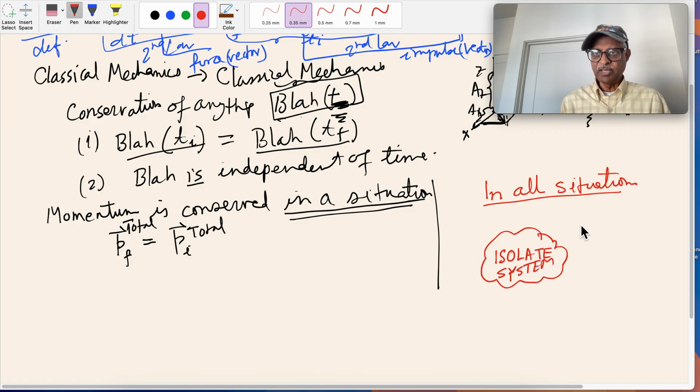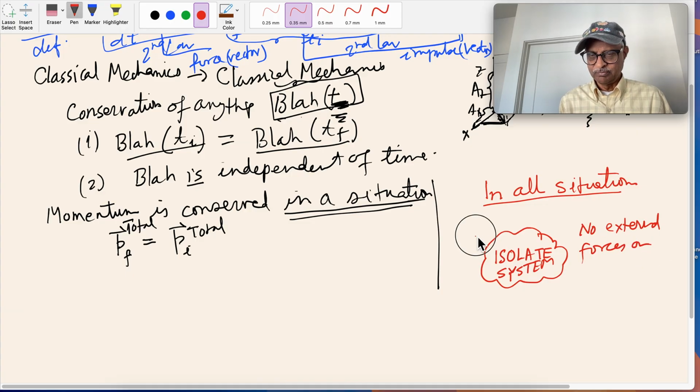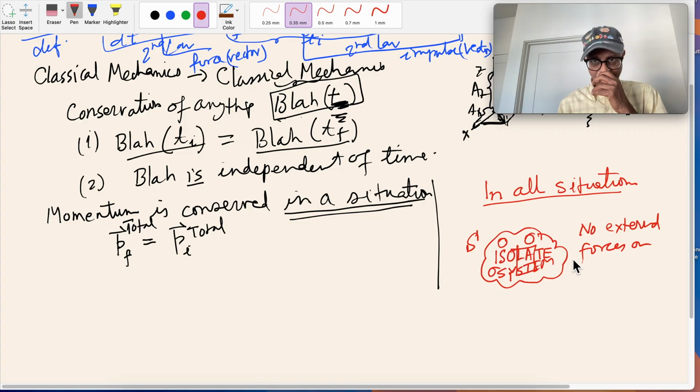I mean, there are no external forces on the system, let's call it system S. It may have one particle here, one particle here, one particle here, maybe a box over here. So everything is together.